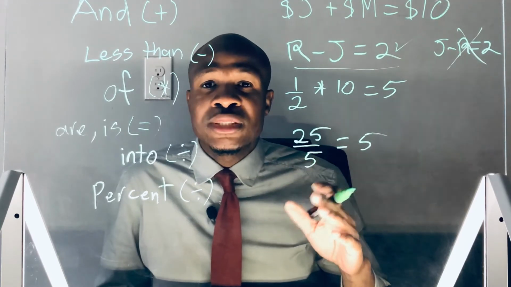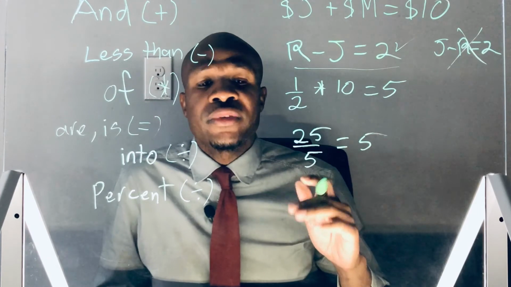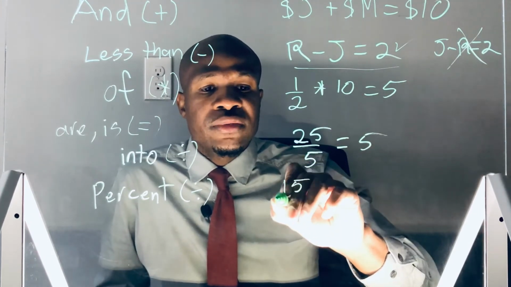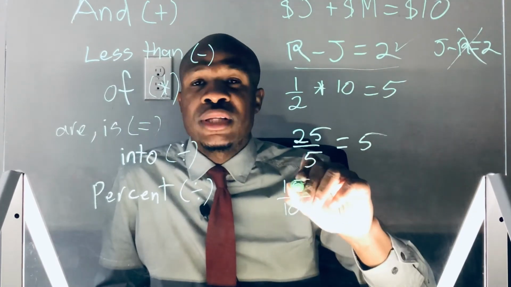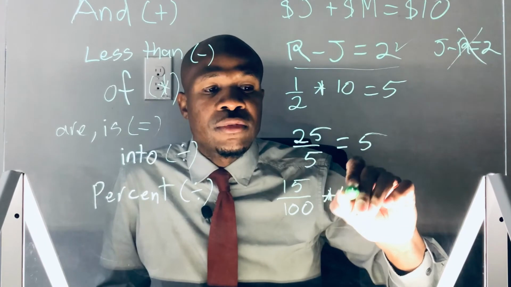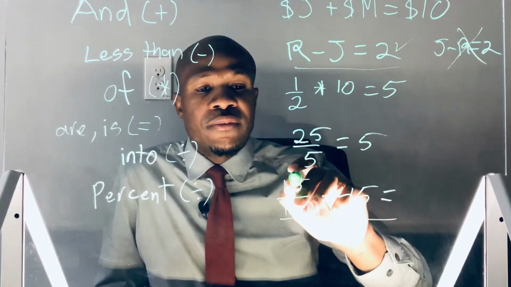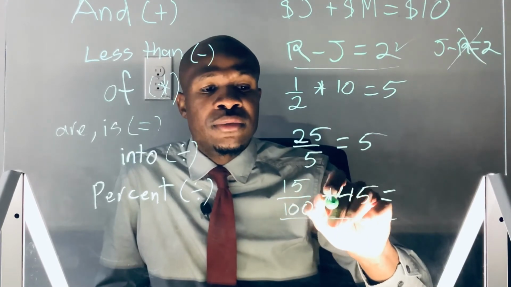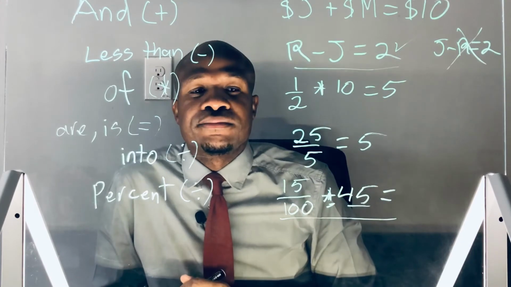Well, percent means to divide, but specifically it means to divide by 100. So 15% is 15 over 100, right? And I said 15% of 45. "Of" is times 45, right? So this right here says 15% of 45, and that's how you would write that mathematically.